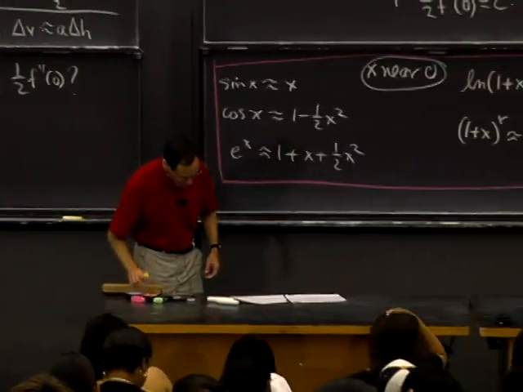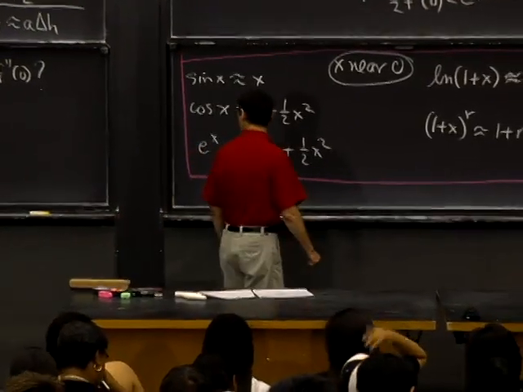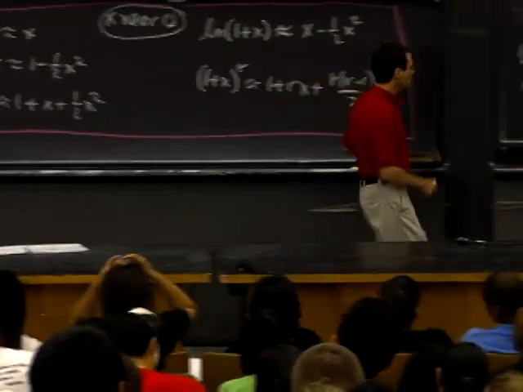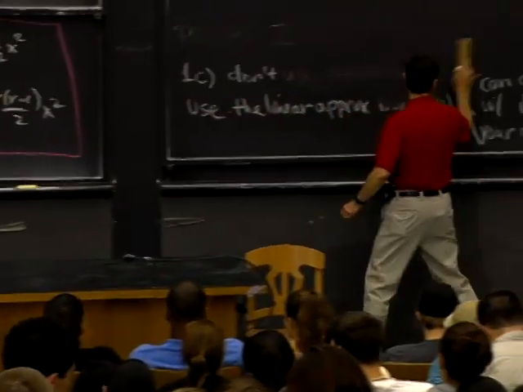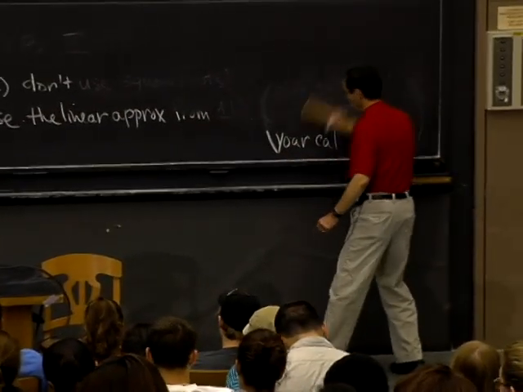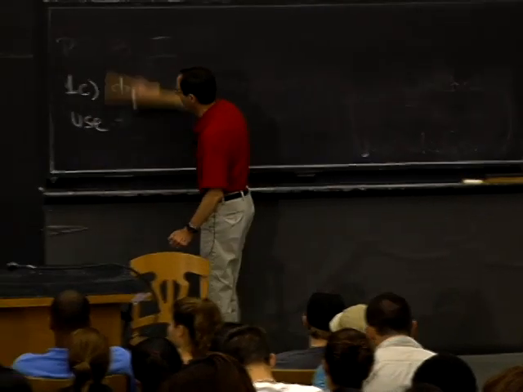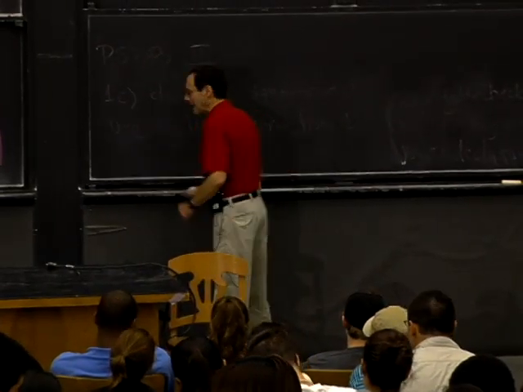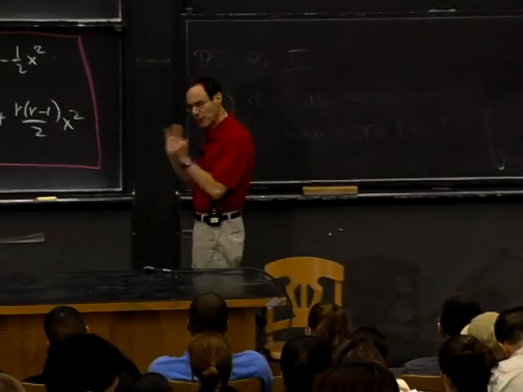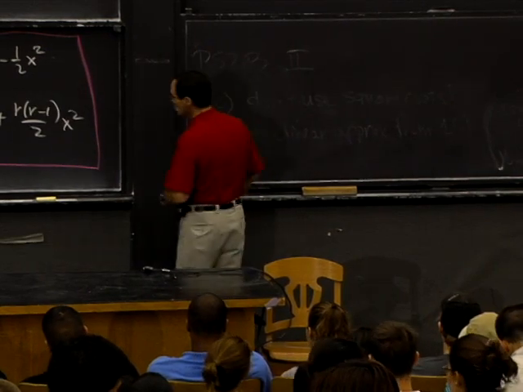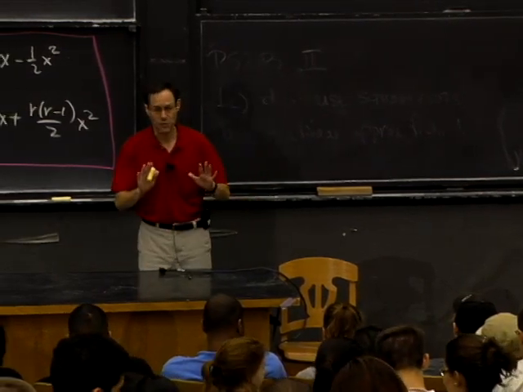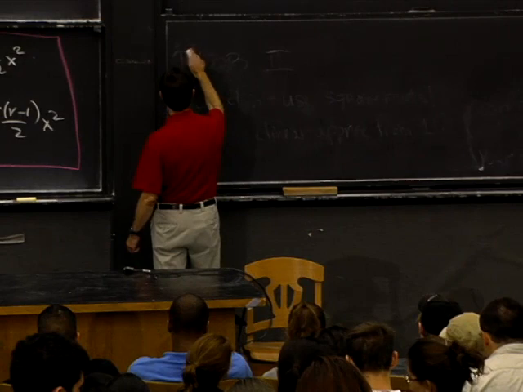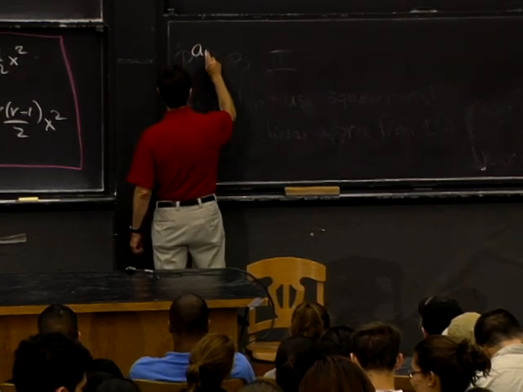All right, so now let me just tell you a little bit more about the significance. Again, this is just to reinforce something that we've already done, but it's closely related to what you're doing on your problem set. So it's worth your while to recall this.